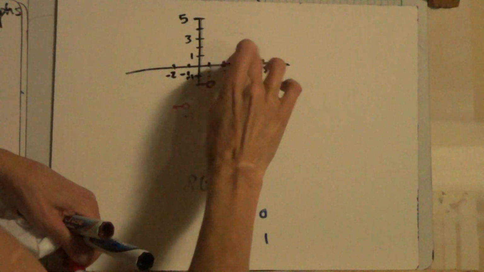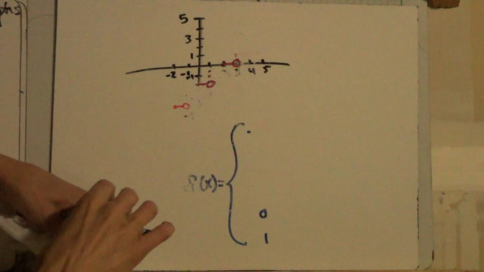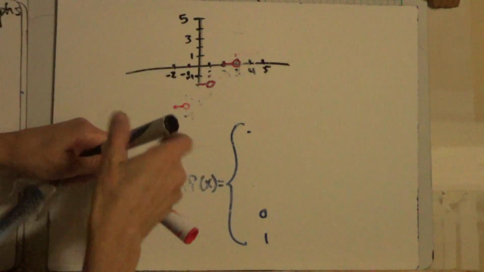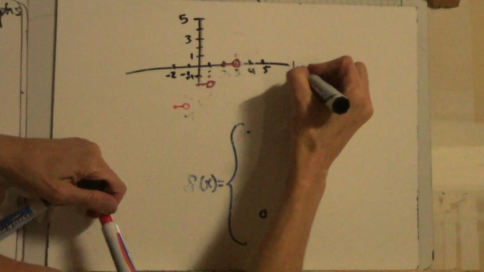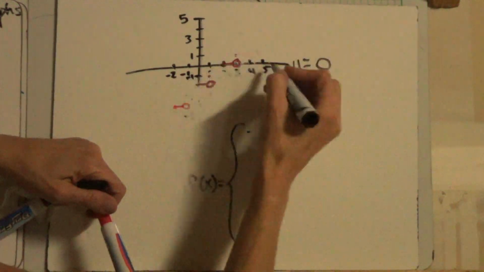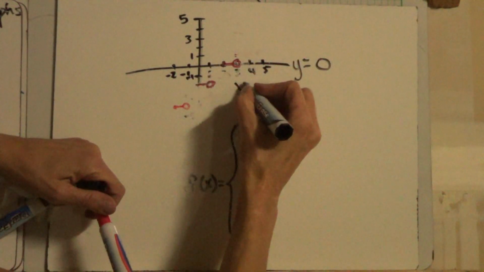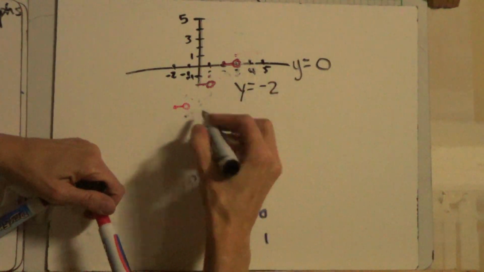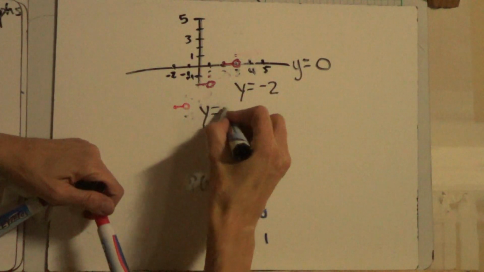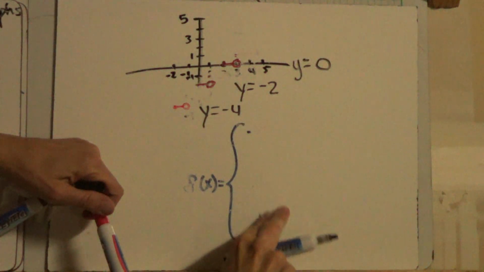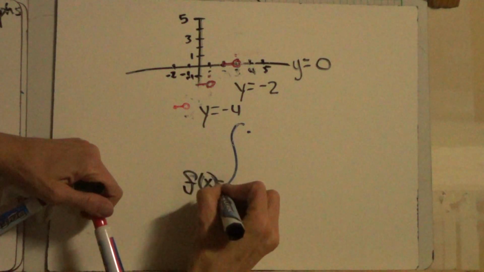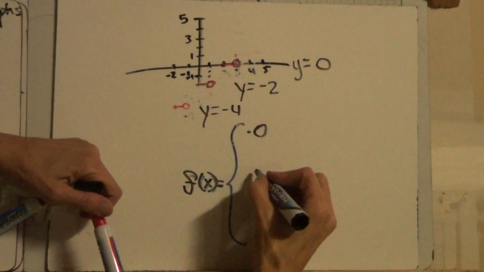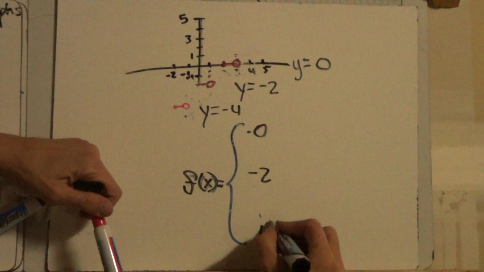And we'll do it that way. Okay, so first thing I look at is that my y value, it is y equals 0, right there on that line. Y equals -2 there, and y equals -4 there. So I go ahead and I say f of x, that's her formal name, it's another name for y, equals 0, -2, and -4.